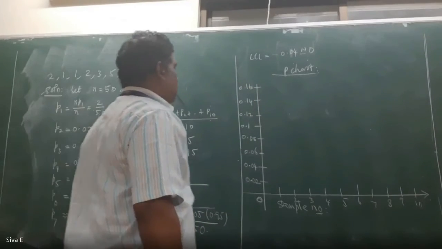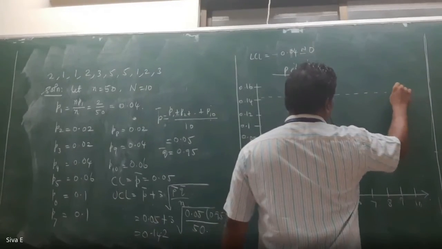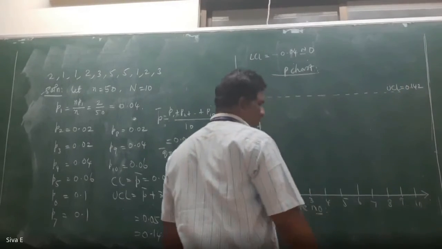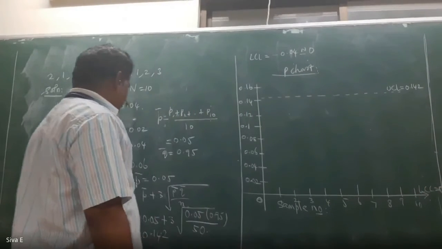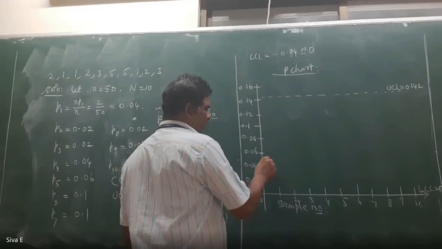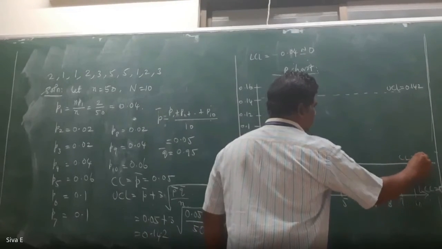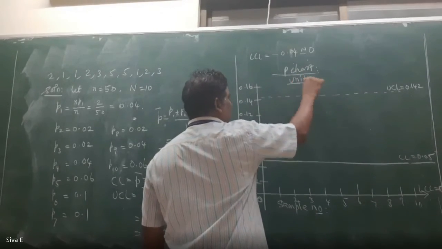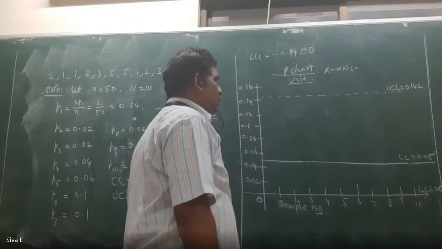So 0.142 here, UCL. UCL is 0.142 and then LCL is 0. LCL is 0 and then CL is 0.05. 0.05 here, CL. So what is the unit here? X-axis 1 unit.